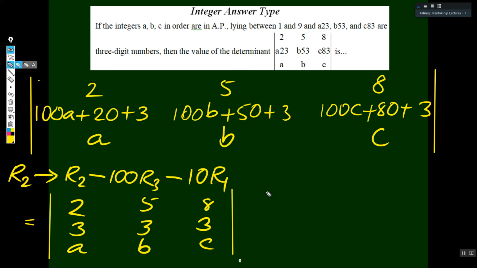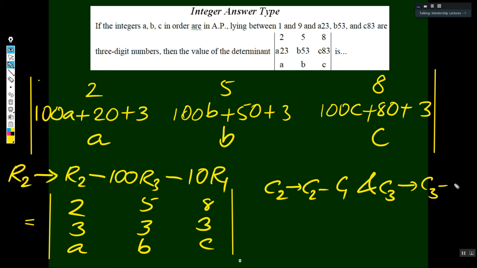So perform C2 changes to C2 minus C1. And C3 changes to C3 minus C1. Then what is that we get? Finally, 2, 3A.